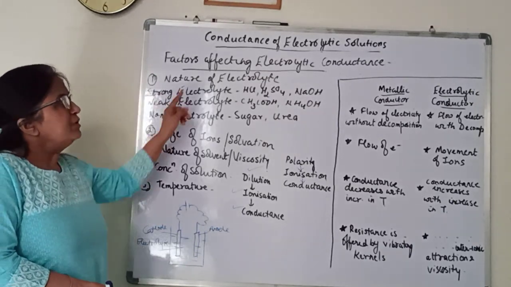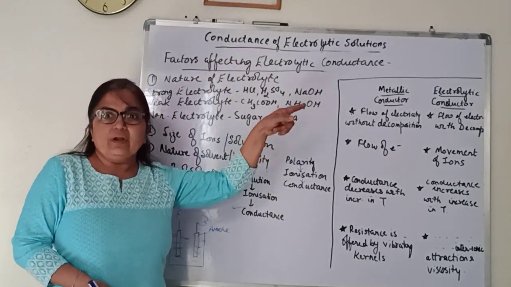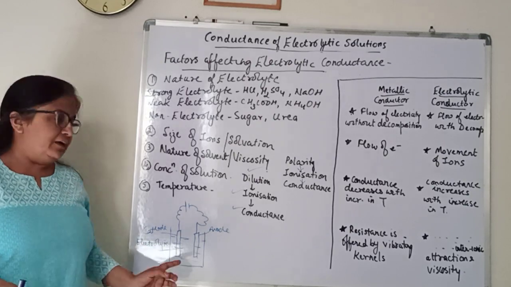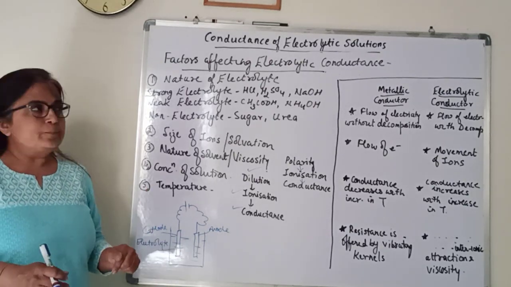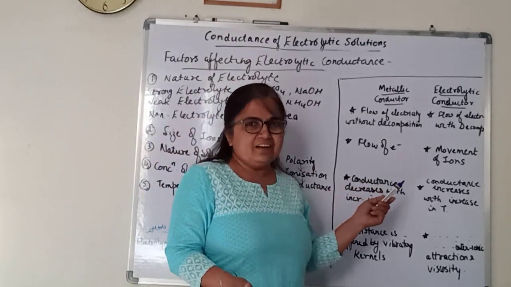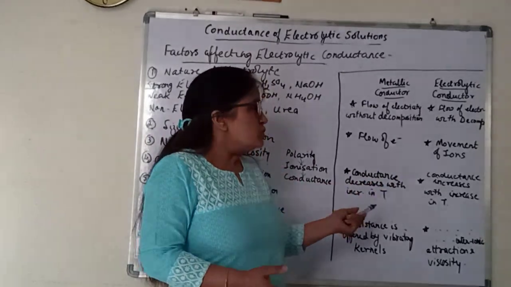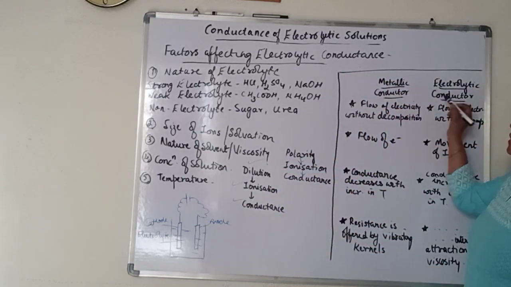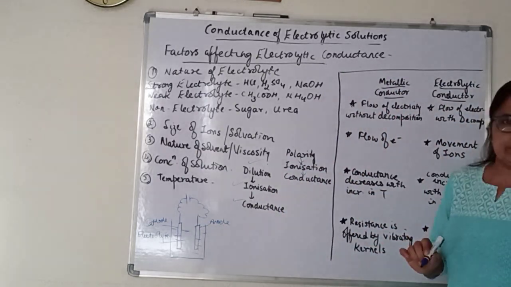This was all about electrolytic conductance. Electrolytic conductance means conductance of the electrolyte which we have taken in the electrolytic cell. I think in physics people talk about metallic conductance, metallic conductor. So we'll see what is the main difference between the metallic conductor and electrolytic conductor.